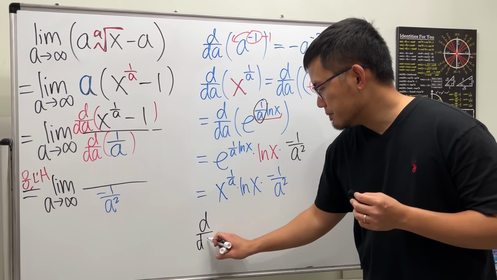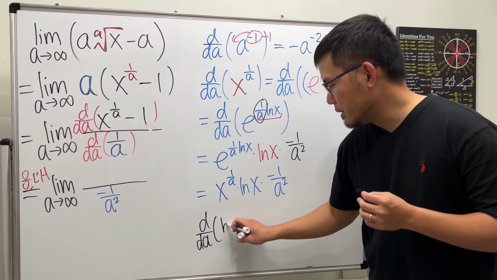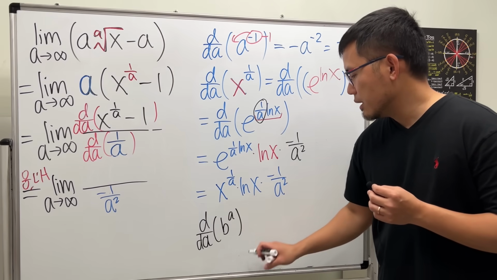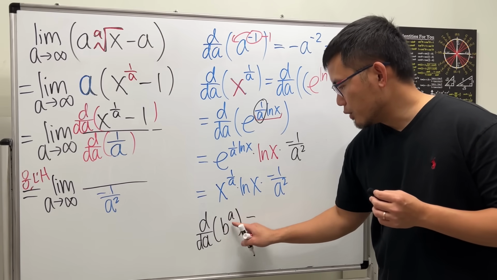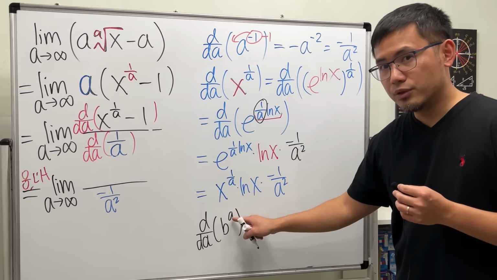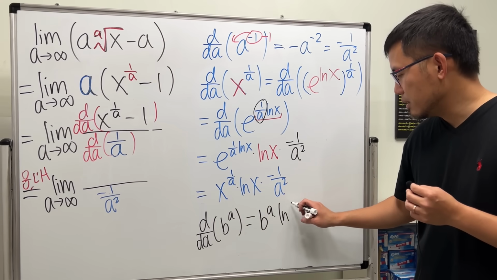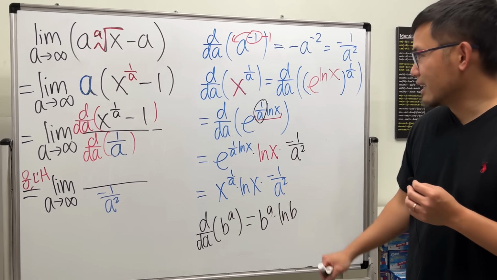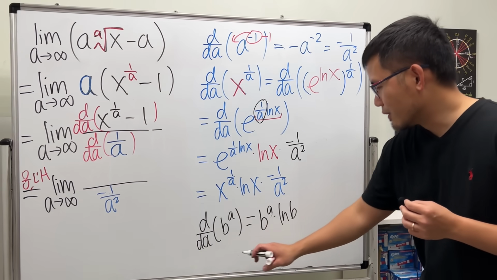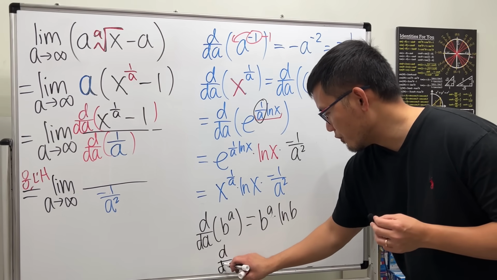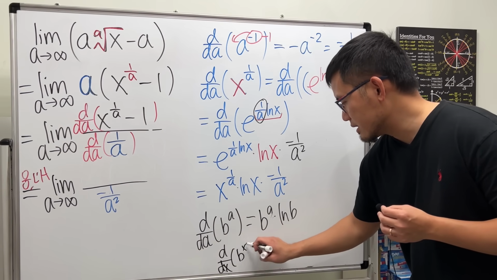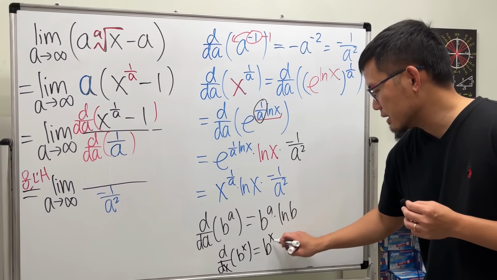If you have d/da of some number b to the a power, this and that are the variable, right? So exponential function, this right here, it's the same as b to the a times ln b. Just like that. Or another version is, of course, this is the one that we are more familiar with. b to the x, this right here is just b to the x times ln b.